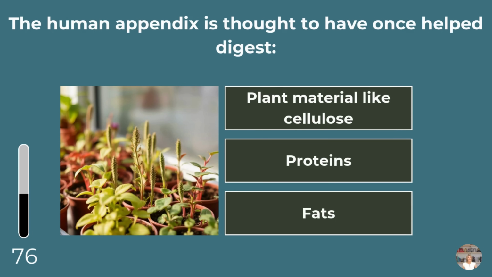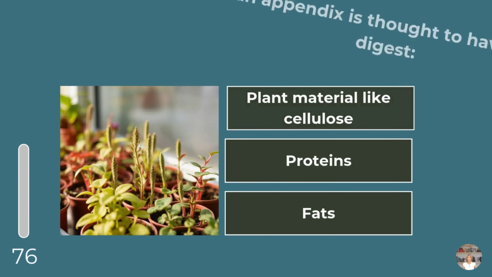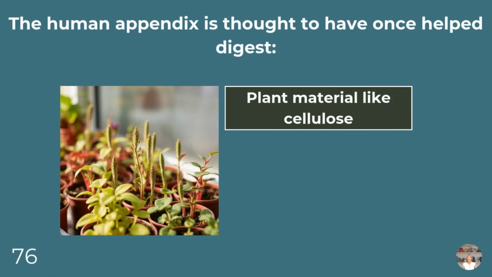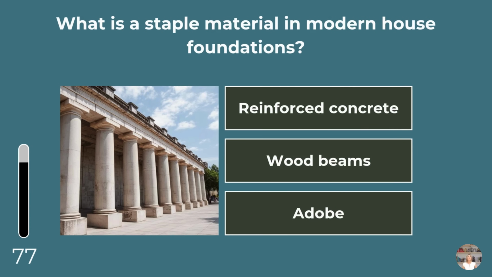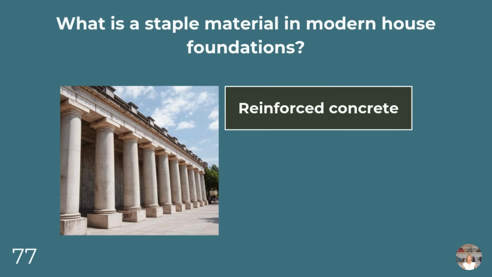Plant material like cellulose, proteins, or fats? Plant material like cellulose. What is a staple material in modern house foundations? Reinforced concrete, wood beams, or adobe? Reinforced concrete.